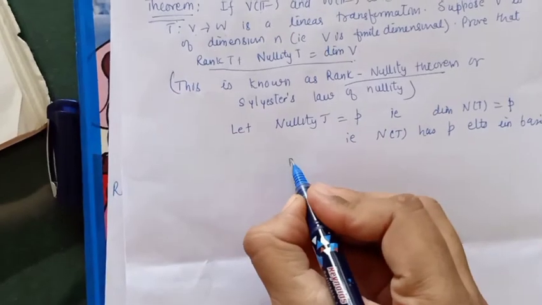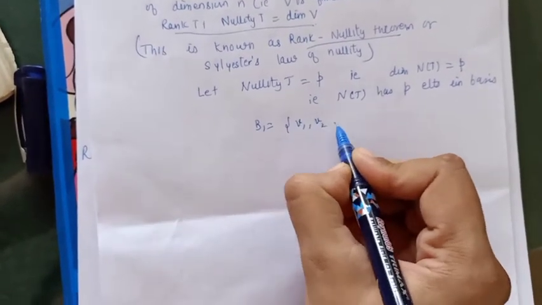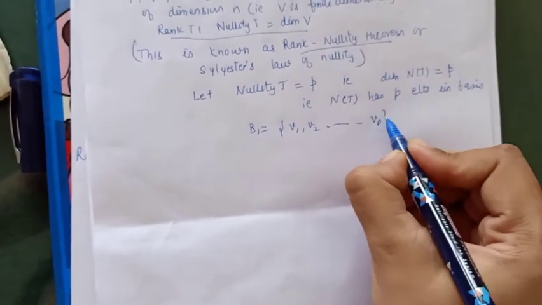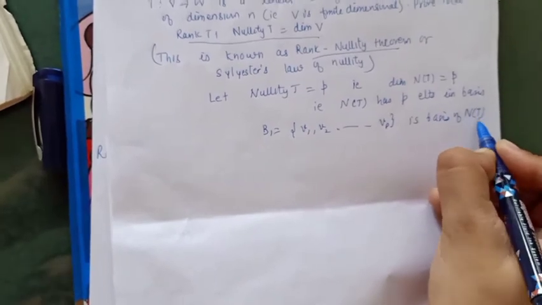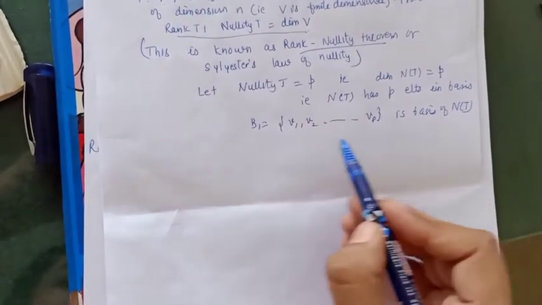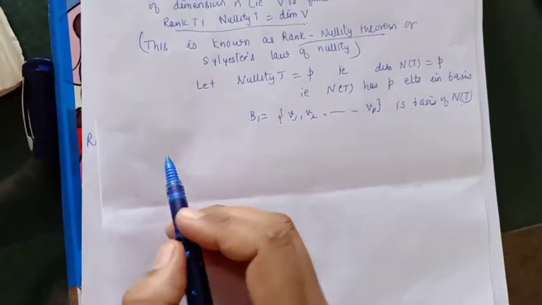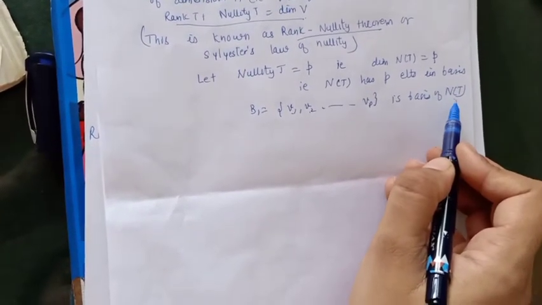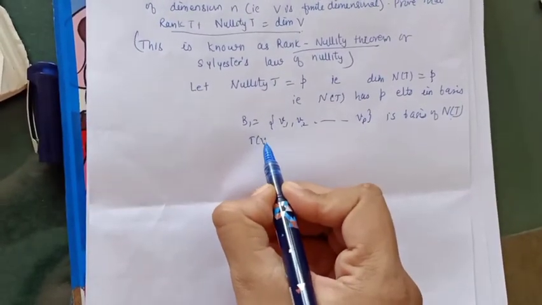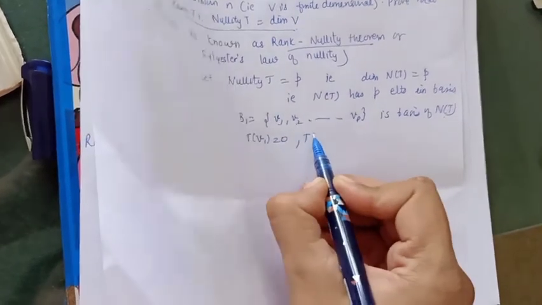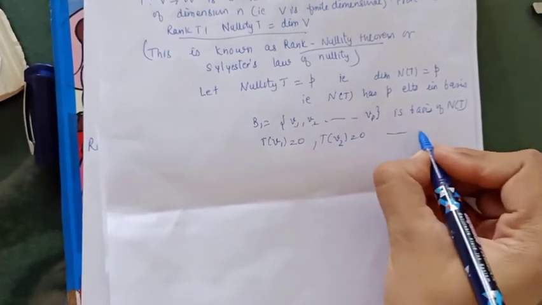Let me say B1 is equal to {v1, v2, up to vp}. This is a basis of the null space of T. Now these elements belong to the set N(T). As per the definition of null space, all these elements have 0 as their image.